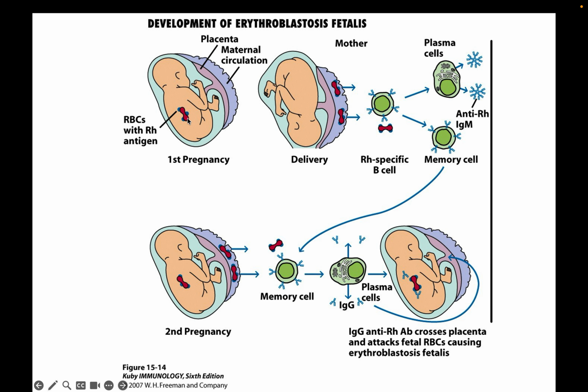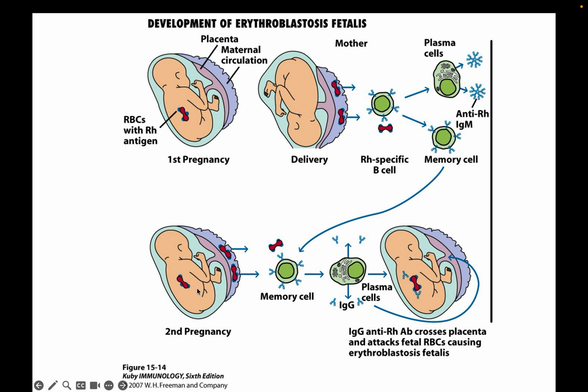During your first pregnancy, once you're exposed to these red blood cells with the Rh antigen, the mother is going to see that Rh antigen as something foreign. It's like, okay, this is something I don't know, and I need to create an antibody response. You create anti-Rh IgMs, and you create a memory B cell. This memory B cell stays there for all your life.